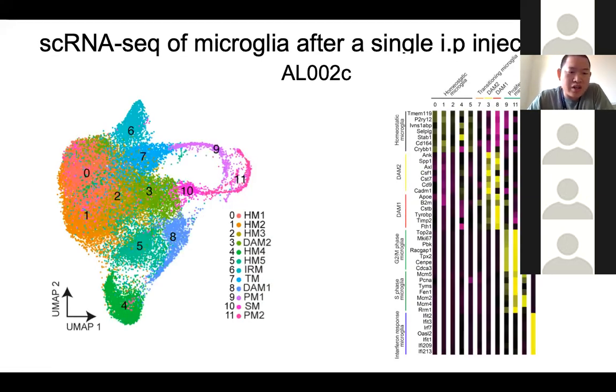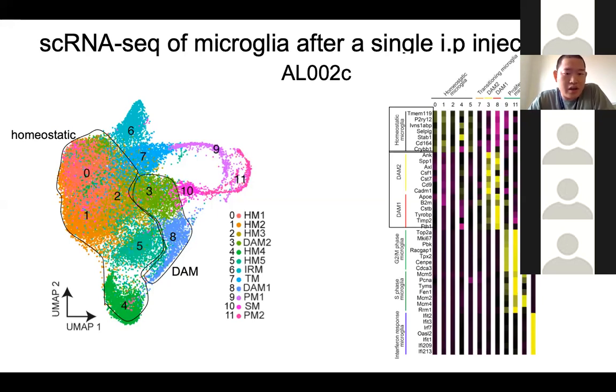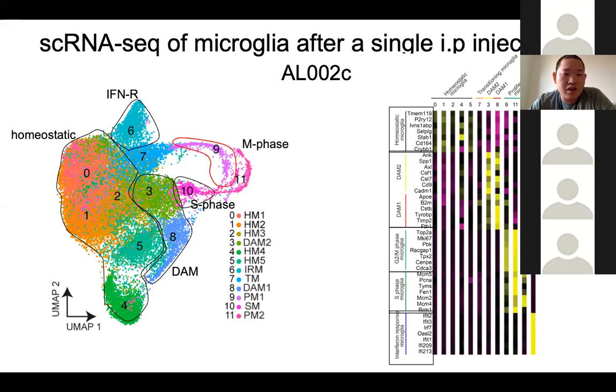Taking advantage of the single-cell resolution of our data, we reclustered microglia into 12 clusters, which include homeostatic microglia, DAM, interferon response microglia, proliferating microglia in S and M phase, as well as microglia with intermediate features between homeostatic microglia and DAM, which we defined as transitioning microglia.